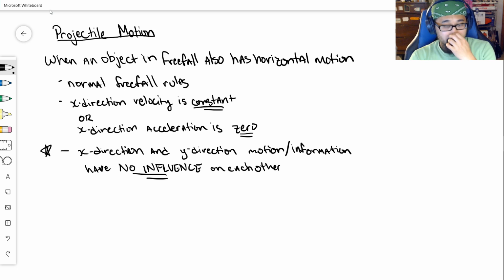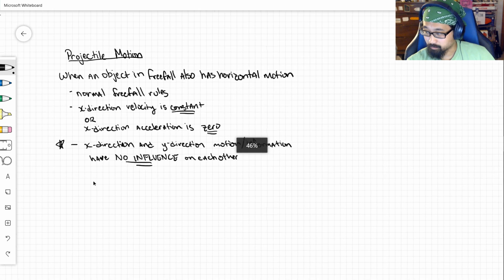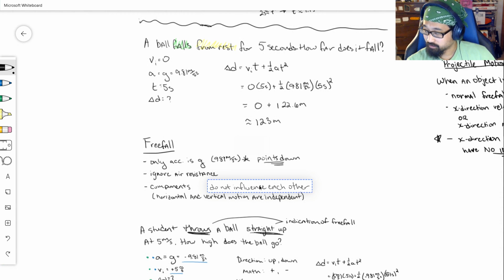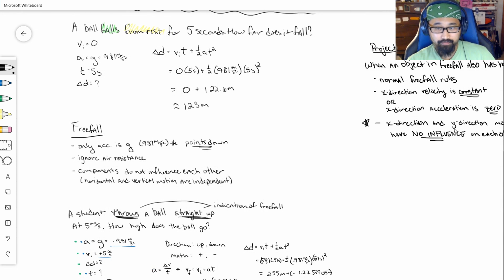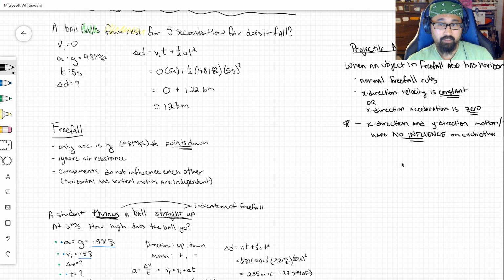Which is why the acceleration is all down and nothing over. Right? It's really important. And I'm pretty sure I said this before. I said it over here. The components do not influence each other. Horizontal and vertical motion are independent. Right? So this is why this is an extension of freefall, not strictly its own thing.